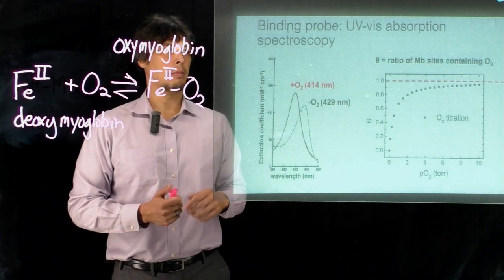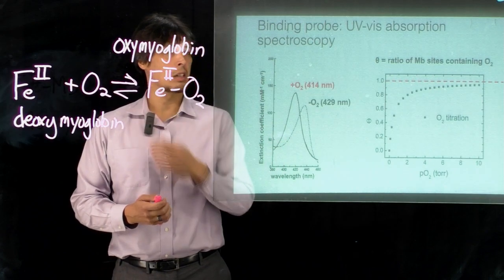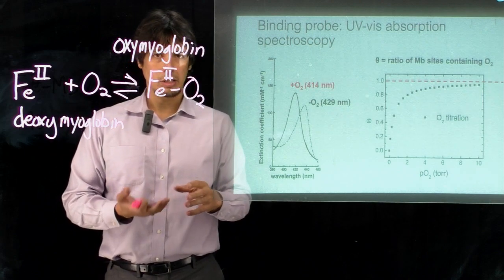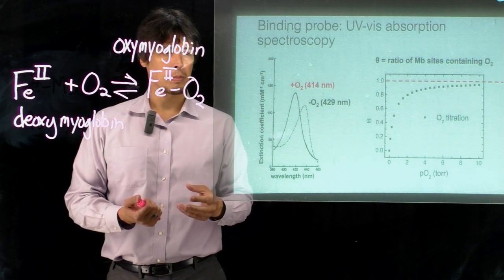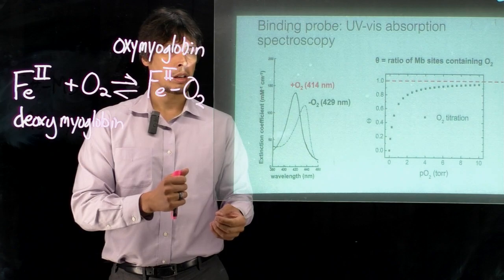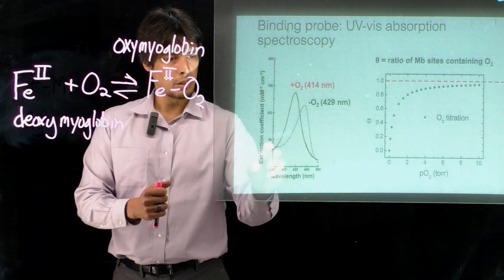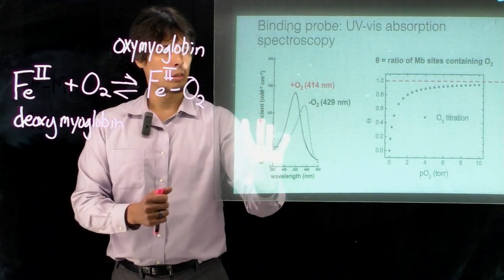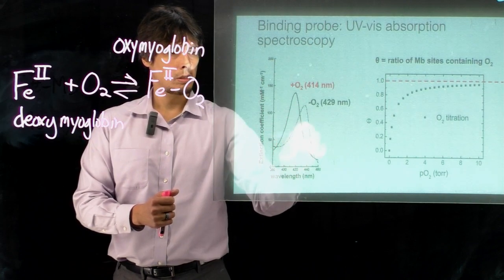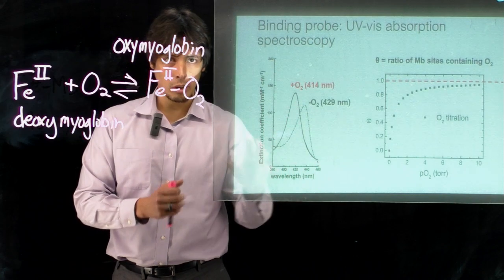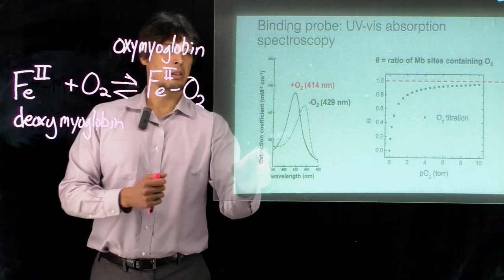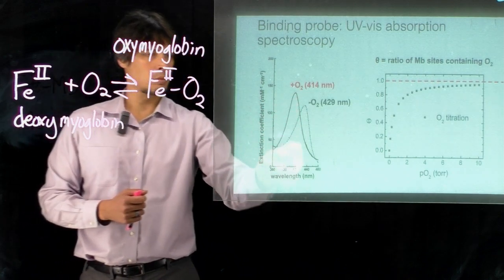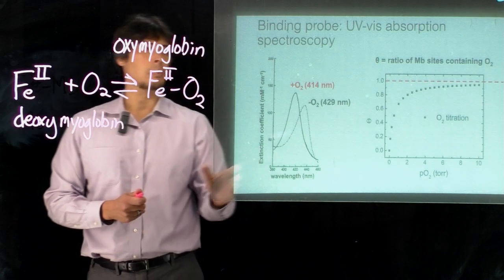Now, in practice, there are a lot of different ways to measure this equilibrium. For myoglobin, for the deoxy and oxymyoglobin, there's actually a different UV-vis absorption spectrum. If you see the slide on the right-hand side, the dashed spectrum in this left panel is deoxymyoglobin, so that's when O2 is not bound. The solid trace is when oxygen is bound, so that's oxymyoglobin.